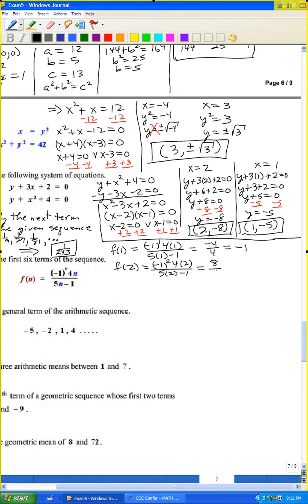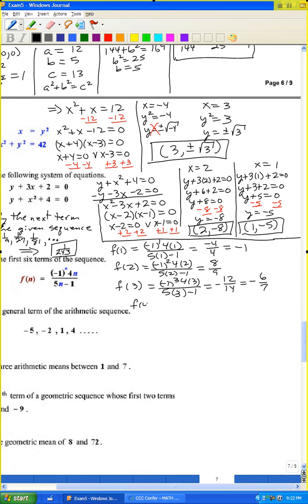So that'll be 8 over 9. f of 3 is equal to -1 cubed, 4 times 3 over 5 times 3 minus 1. And so that'll be 12 over 14, which is -6 over 7.